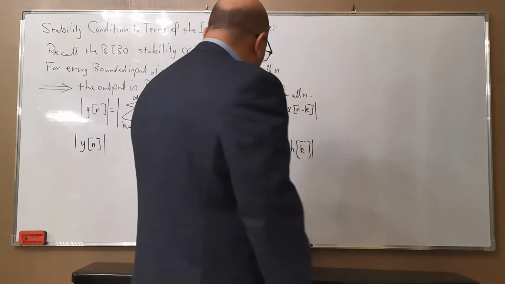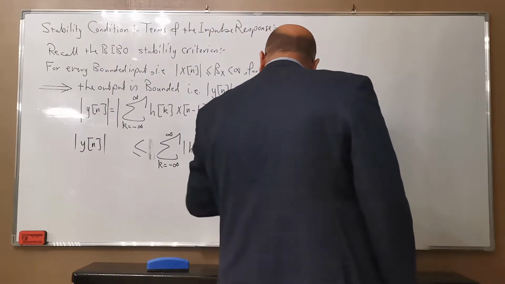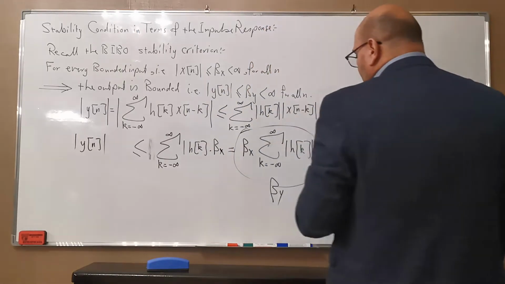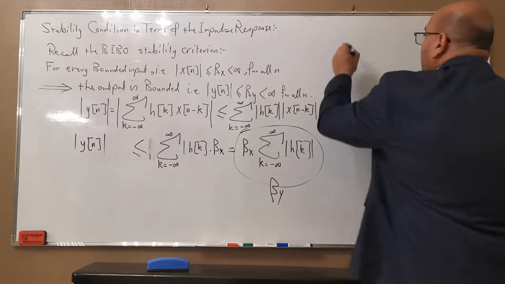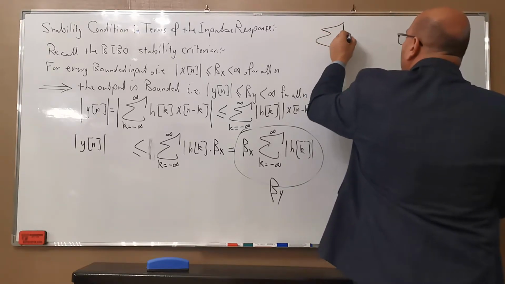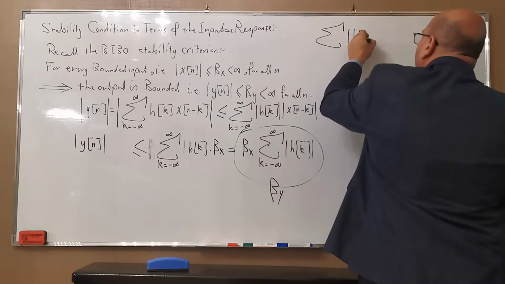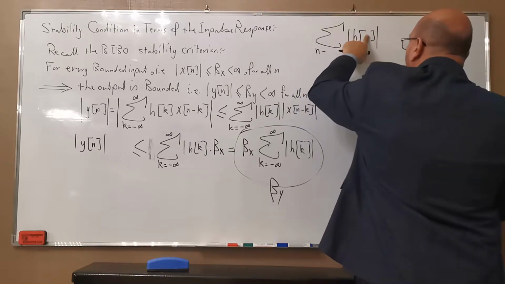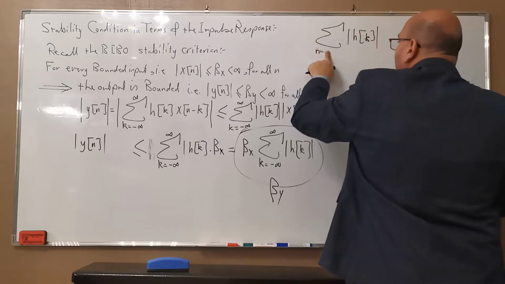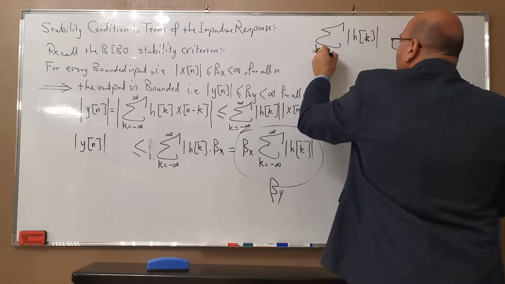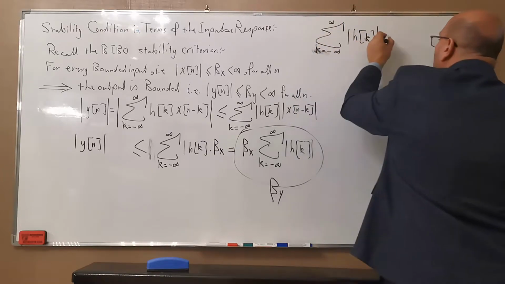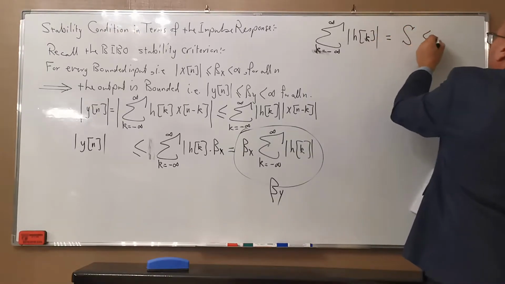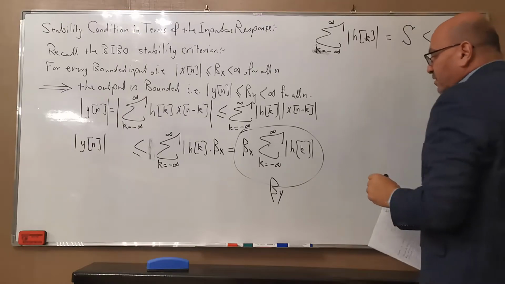Now, for this value to be a constant, and we call it beta y, the summation of the absolute value of h of k from k equals minus infinity to infinity should equal some s less than infinity.